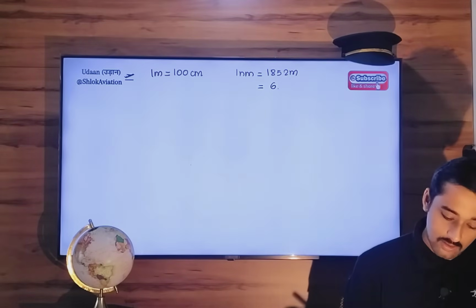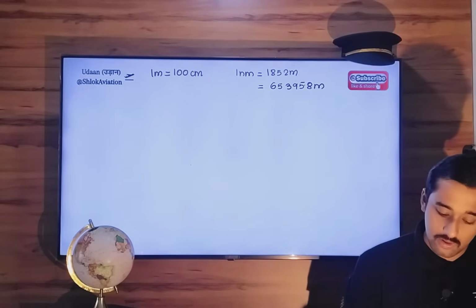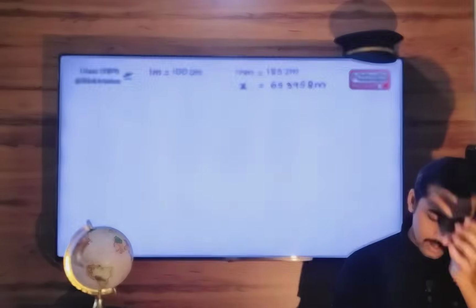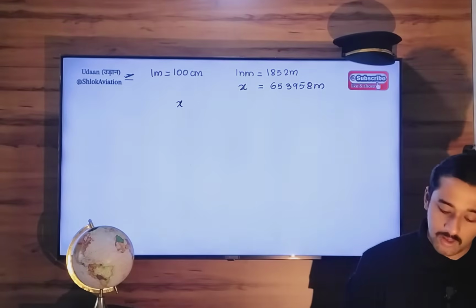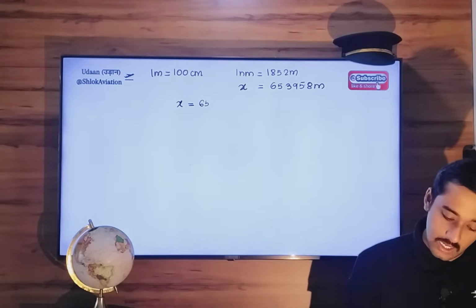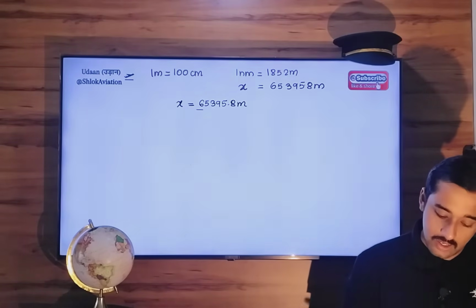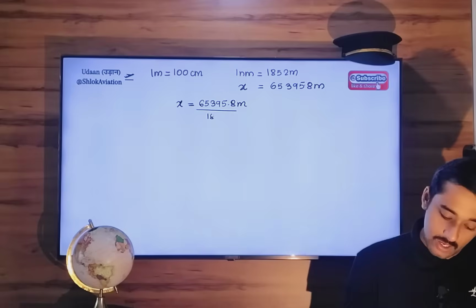So 65395.8 meter equals how many nautical mile? Cross multiply. X will be equal to 65395.8 meter divided by 1852 meter.